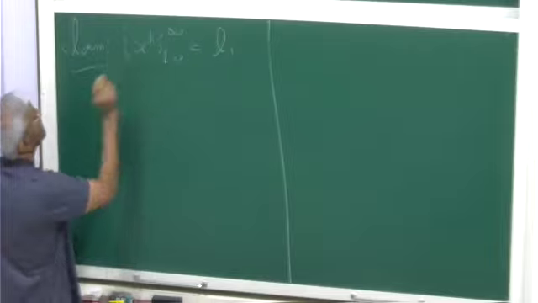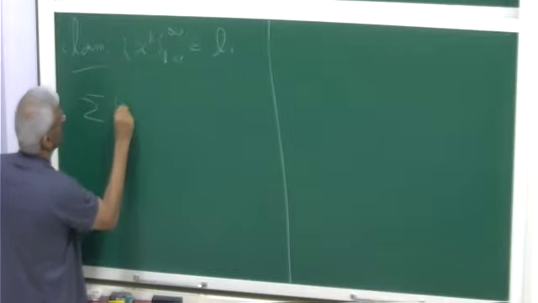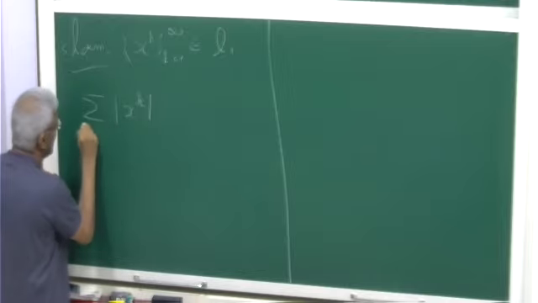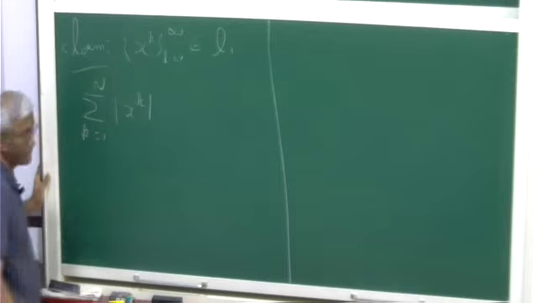What I do is the following. I have to prove that the summation of |xk|, k equal to 1 to infinity, is less than infinity. Consider the sum from k equal to 1 to n.